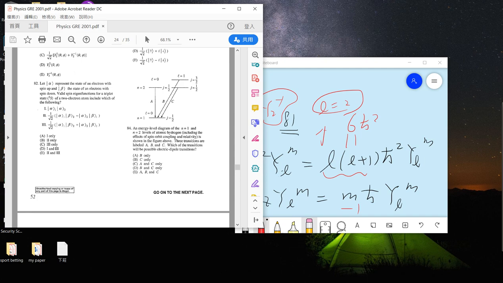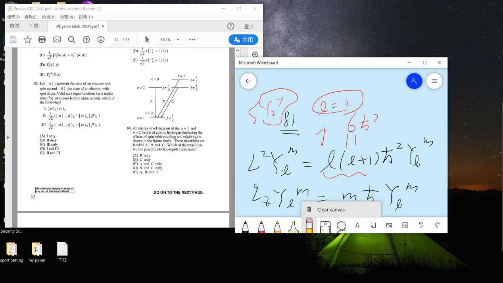Okay, so 82 says that you have electron states, with alpha being spin up and beta being spin down, and asks which of the states is a triplet.